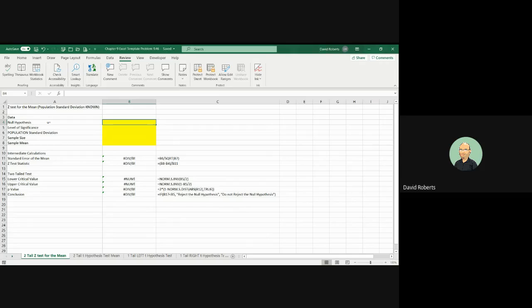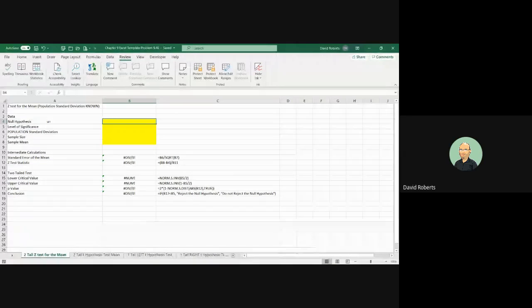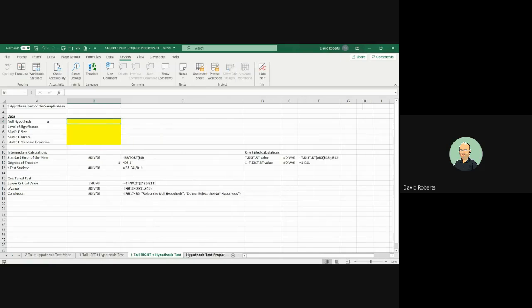So as I've started all the other examples in Chapter 9, I start off with a two-tailed Z-score test. We have a sample, and we have a large sample of 64. And so I'm going to go to hypothesis test, and it's a right tail test. So in this particular case, I put in the null hypothesis that the bus miles are 8,000.